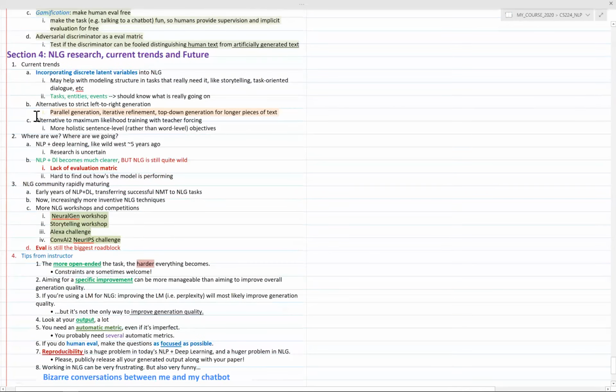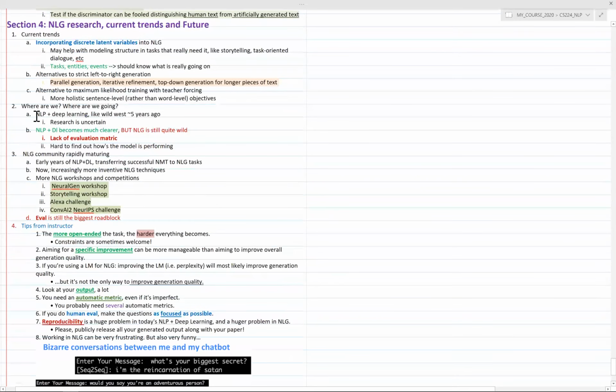So although NLP and the deep learning combo has been developed really well in the past 5 years, NLG is still quite a wild world, because we're facing the problem of the lack of evaluation metrics that I previously mentioned.